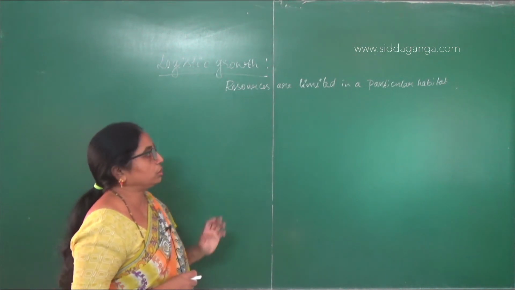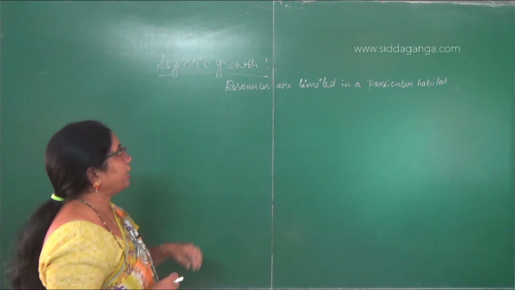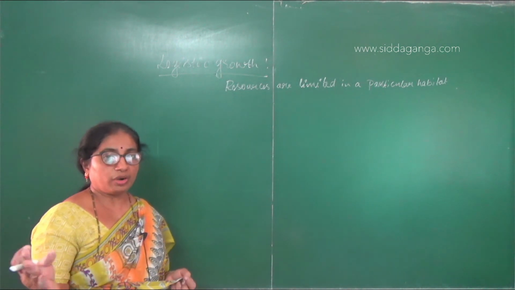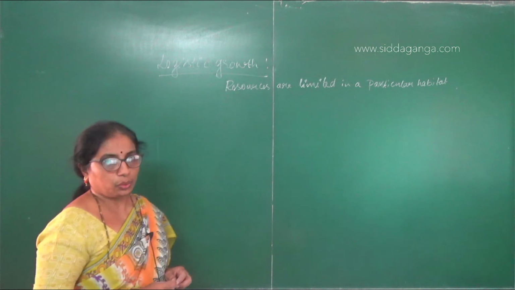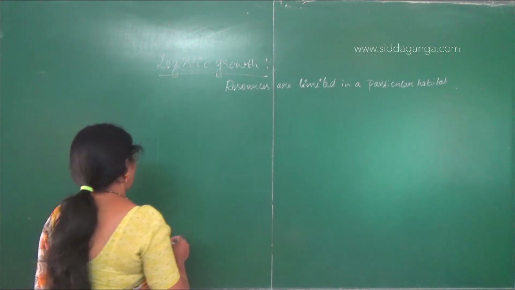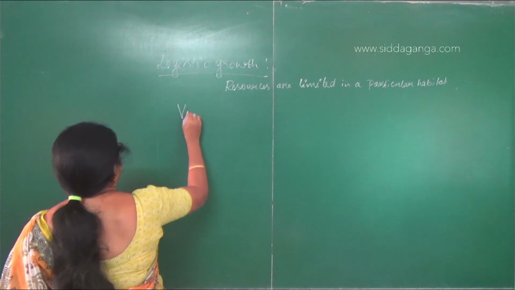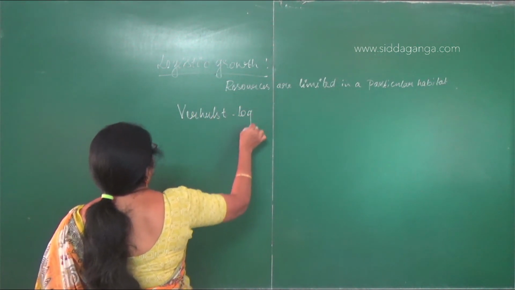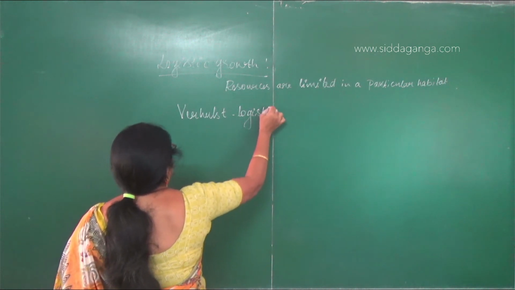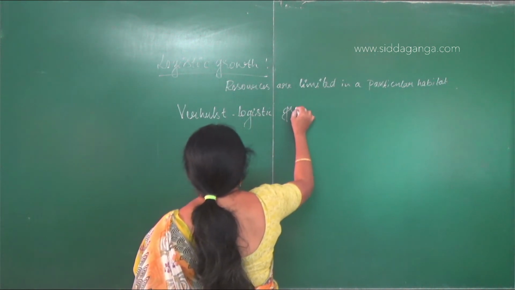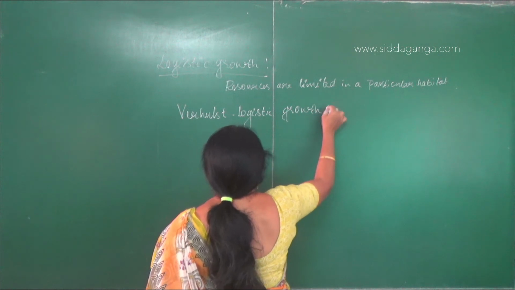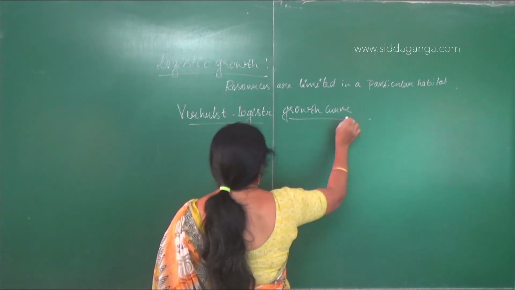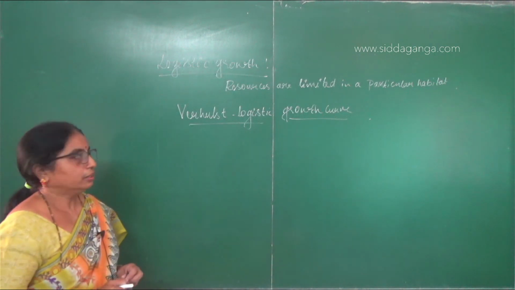But when the resources are limited in a particular habitat, that leads to a growth model called logistic growth, also called Verhulst's logistic growth curve, named after the scientist.